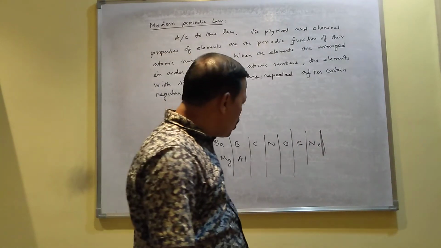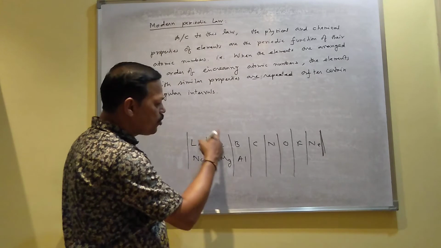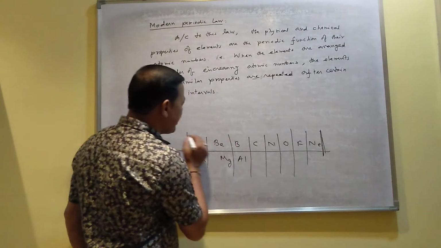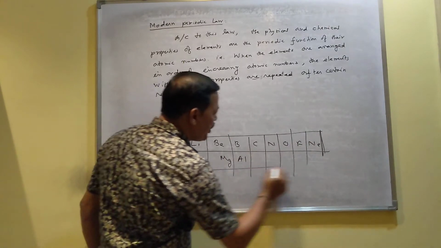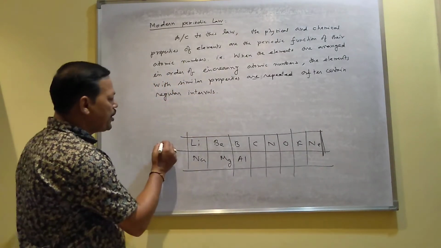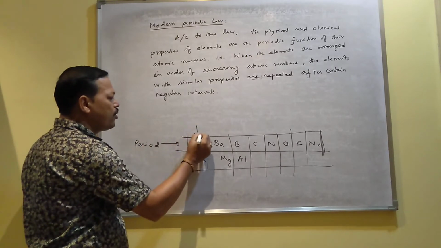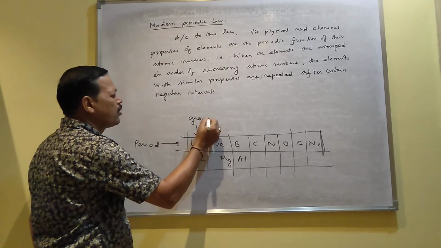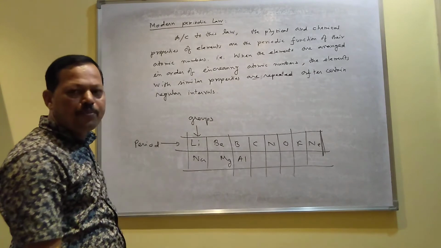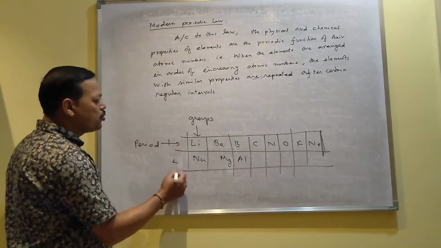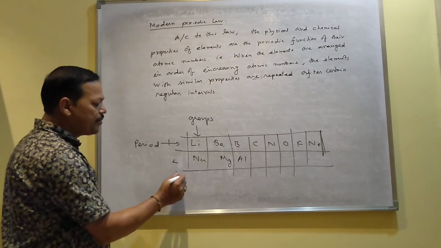And these vertical columns are called what? Groups. And these horizontal lines are called what? Periods. Now in the modern periodic table, there are 7 periods which are represented as 1, 2, 3, 4, 5, 6 up to 7.